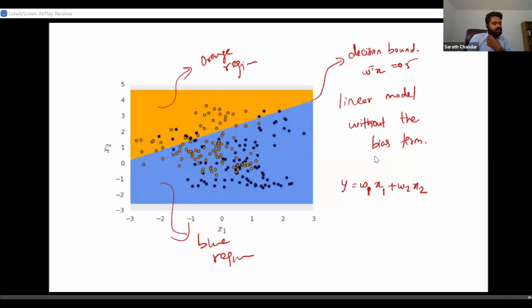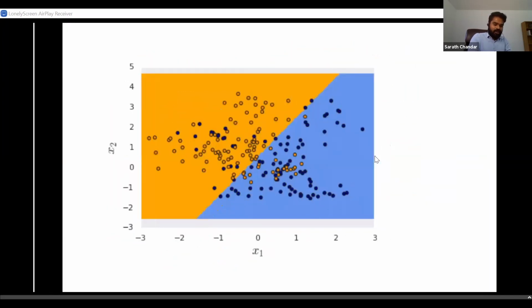Now maybe this model is restricted because there's no bias term. You can see that it has to go through 0. So what happens if we remove this restriction? Now this is again linear regression, but with a bias term. In this case, y hat is given by w0 + w1x1 + w2x2.